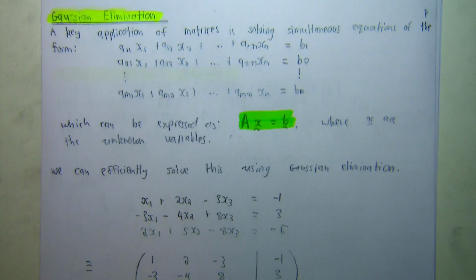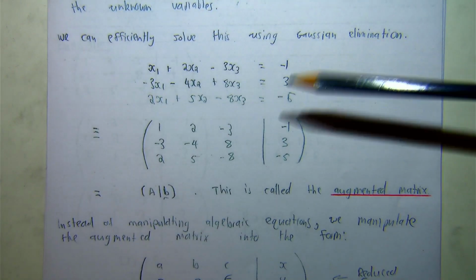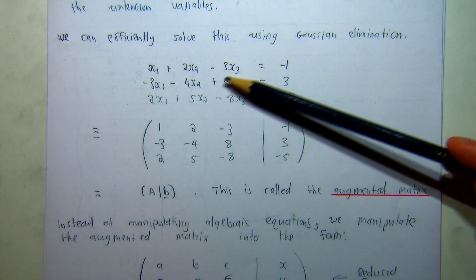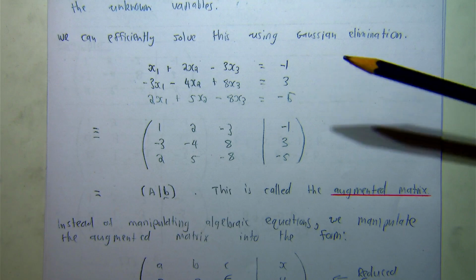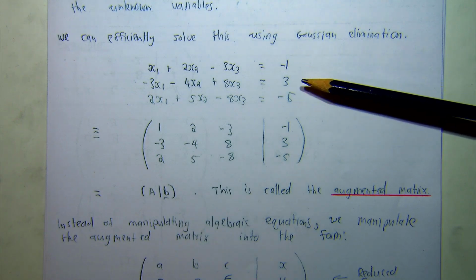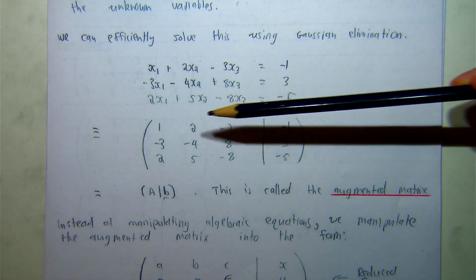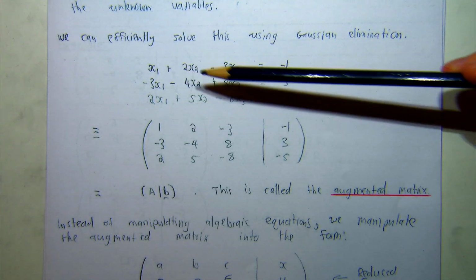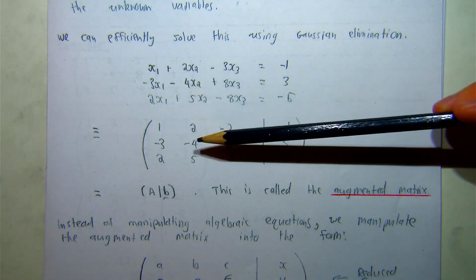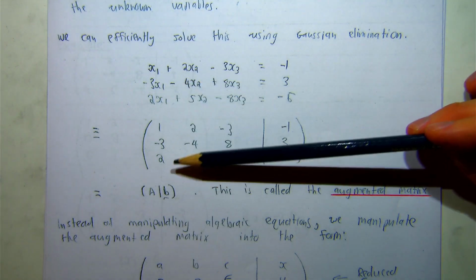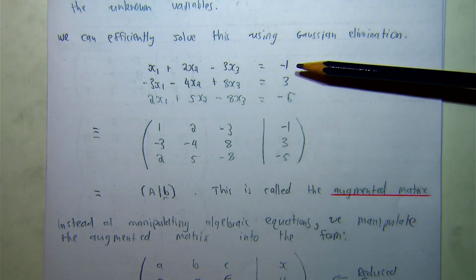So let's take a look at what this is. If we had our example here, where x1 plus 2x2 minus 3x3 is equal to minus 1, and so forth, we can represent this in the form of our augmented matrix, which has on the left hand side just the coefficients, so 1, 2, minus 3, minus 4, 8, 2, 5, minus 8, and on the right hand side our solutions.